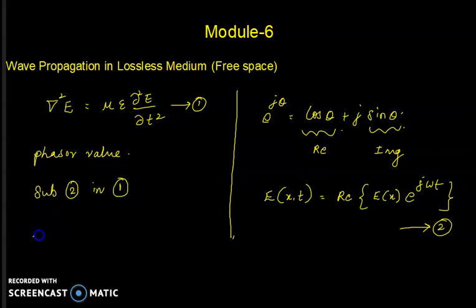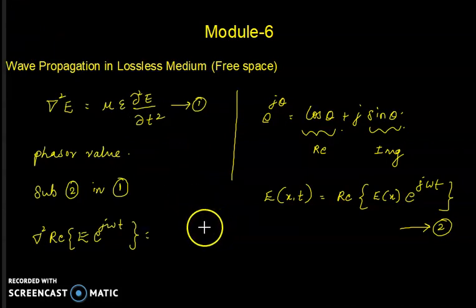So this becomes del square of the real part of E e power j omega t is equal to mu epsilon d square by dt square of e power j omega t.